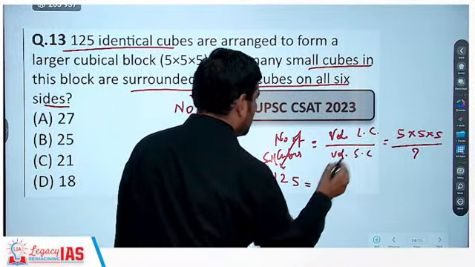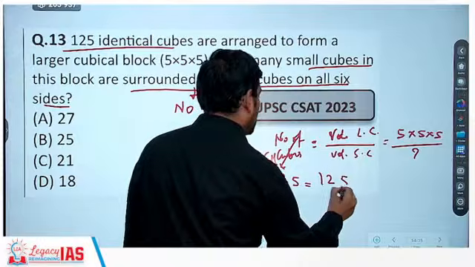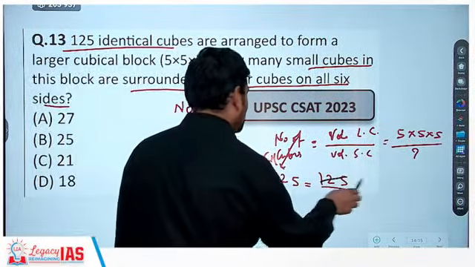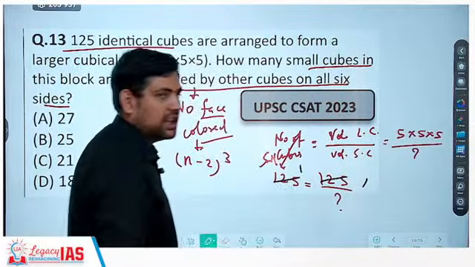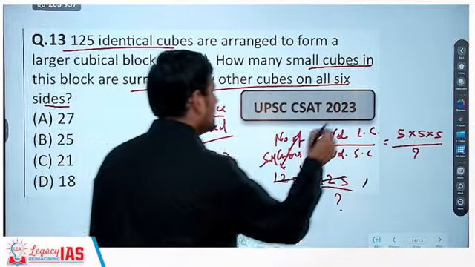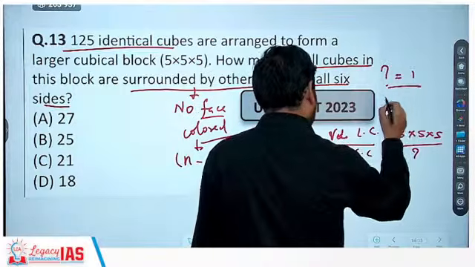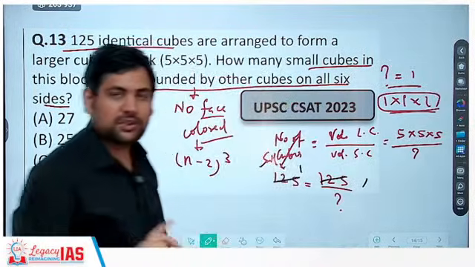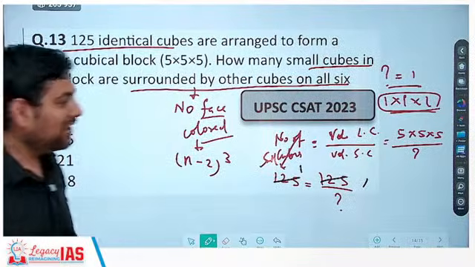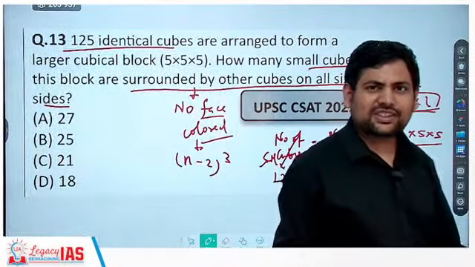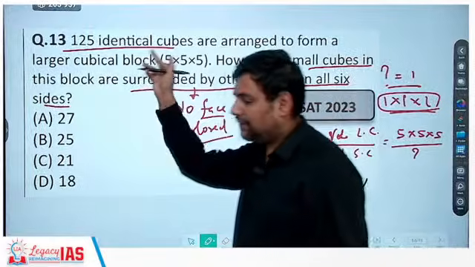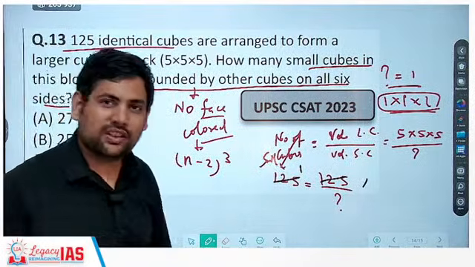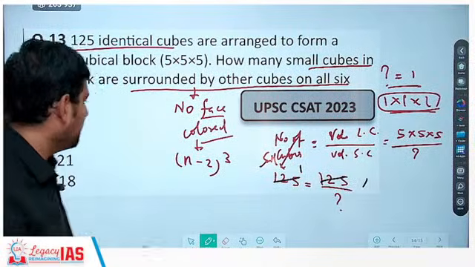So this becomes 125. 5 into 5 into 5 is again 125 upon question mark. Very easily you get the value of question mark is 1 itself. That means the cube could have been 1 into 1 into 1. This was the size of the small cube. Of course you don't have to do all this calculation, you can see directly that there are 125 identical cubes. It is 5 into 5 into 5, so that means the smaller one has side length 1.